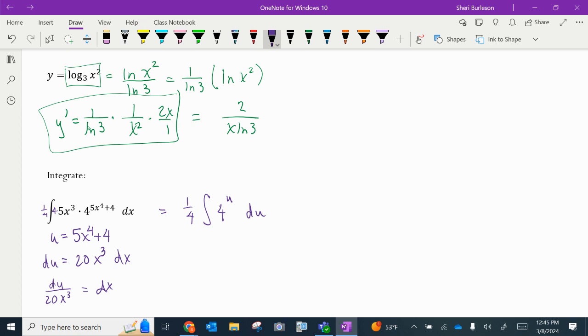And as we know, when we integrate an exponential, we get that exponential, correct? Now, if that was the derivative, it would have been divided by ln of 4.